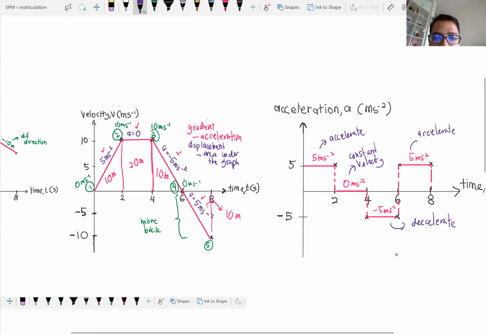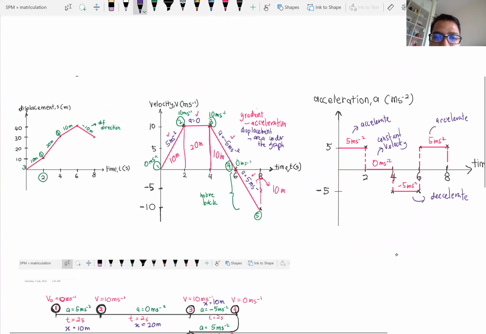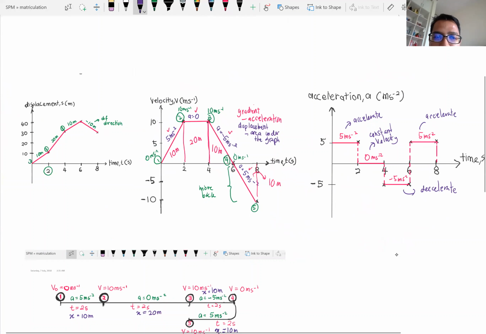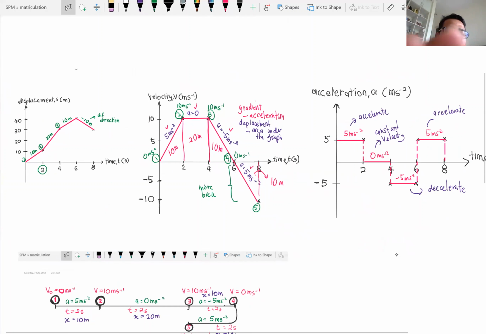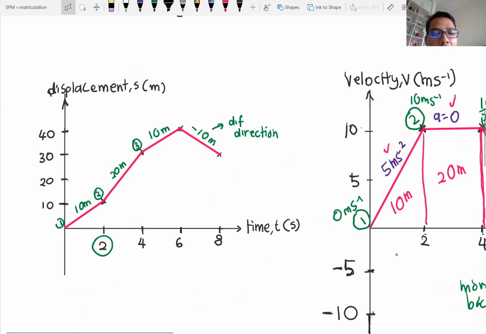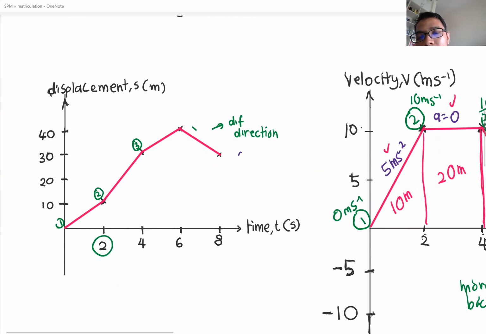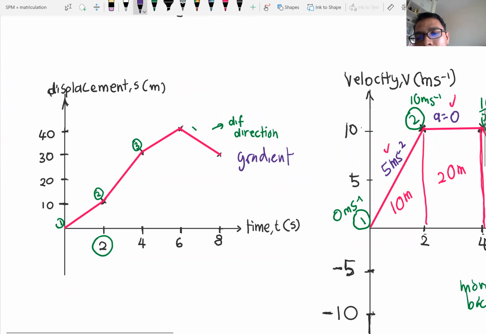So I make it smaller, so you might see the indication. And for the displacement time graph, if you find the gradient of the graph, you will get the velocity, ds/dt.